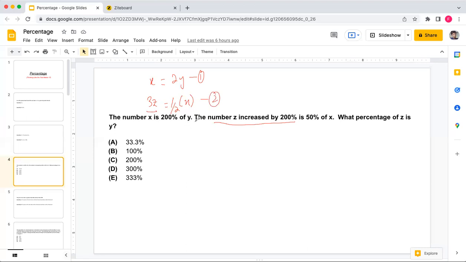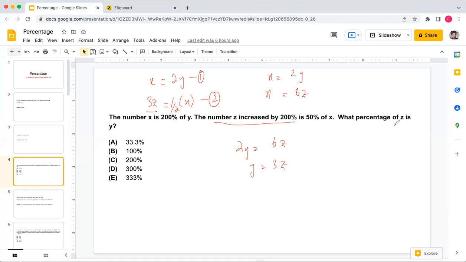Okay, now what percent of Z is Y? So how can I proceed from this further? In place of X, replace 2Y. So X is 2Y, and this is 6Z is equal to X. Now just equate both of these. This will be 2Y is equal to 6Z, and this will be Y is equal to 3Z.